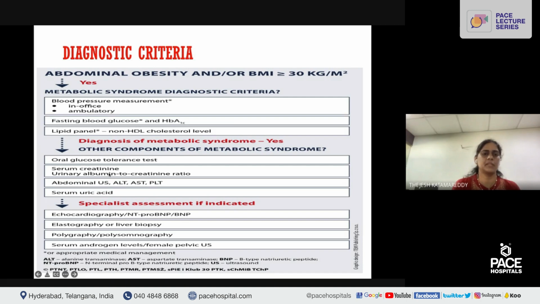Other components can also be included, like glucose tolerance test, creatinine, urine albumin to creatinine ratio, abdominal ultrasound, ALT, AST, and platelets in case of NAFLD, and serum uric acid in case of impairment of the renal system. All these are special tests which can identify coronary vascular diseases, fatty liver, or PCOS. We can go ahead with the special tests if we have doubt about involvement of a particular organ.